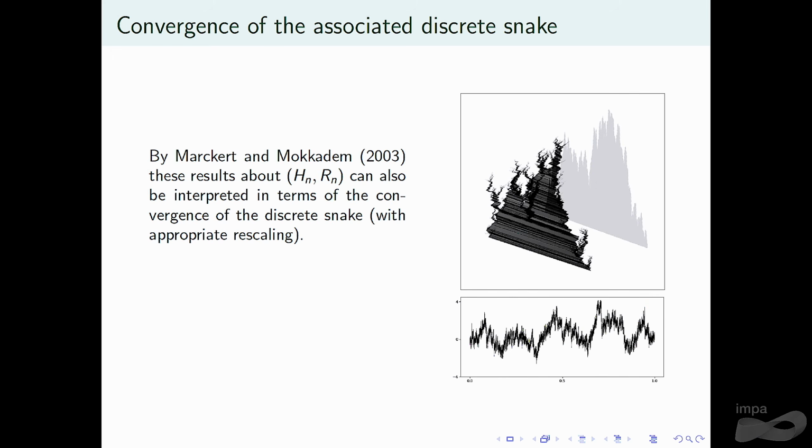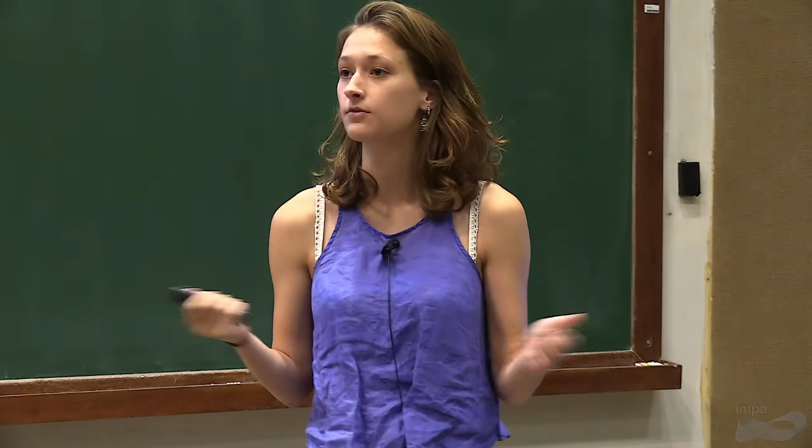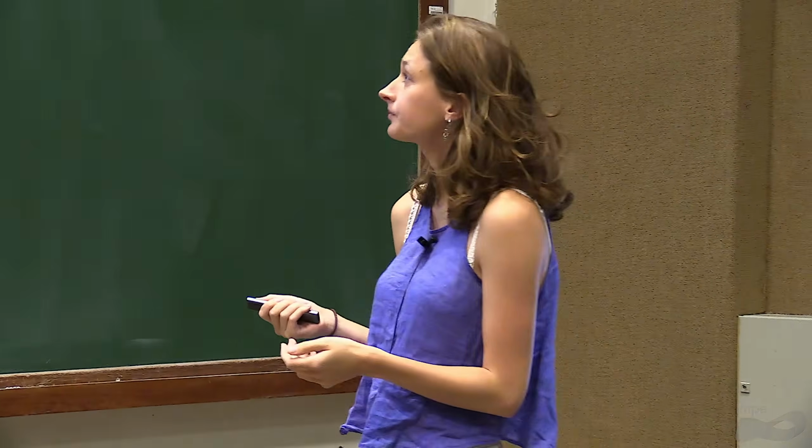So this talks about discrete snakes, but we've only really talked about their heads. The idea is that there's a result by Merkel and Mukadam, which says that results about the head of this discrete snake can be interpreted in terms of results about the path-valued process itself with the correct rescaling.